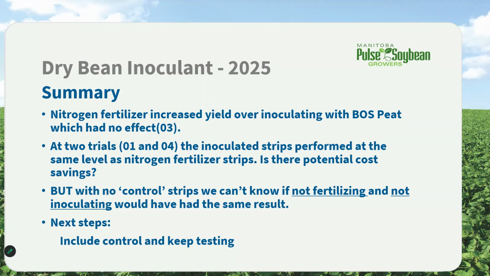But without that control, we can't say for sure that the inoculation provided the plants with the nitrogen from biological N-fixation enough to provide the yield bump, or if the yield came from other sources. So more testing with more control strips in the trials will be needed, and we hope to keep testing this in 2026.